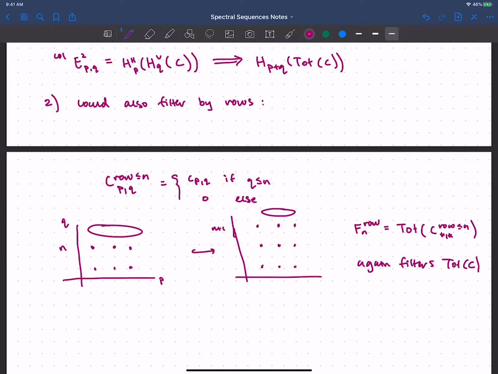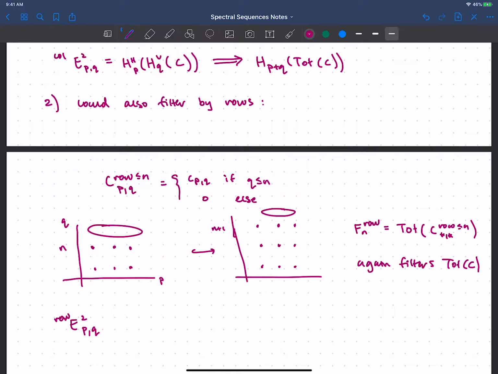Now here the differentials might look a little weird, and so sometimes people start with the transpose so that the spectral sequence moves along in the usual way, but let's not worry too much about that. The point is that we now have another spectral sequence, and I'll call this one row filtration. People usually just call these first and second filtration, but then I can never remember which one's which.